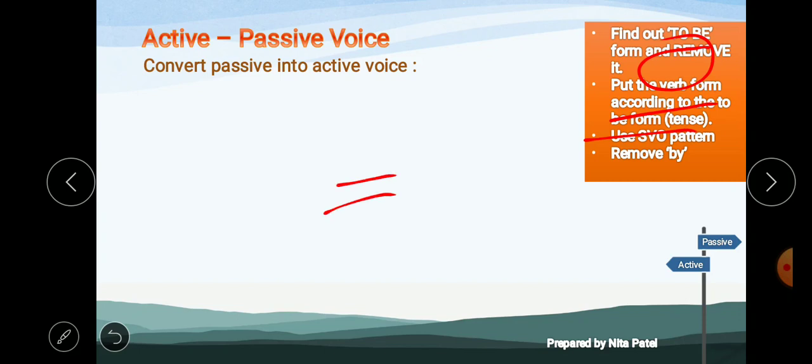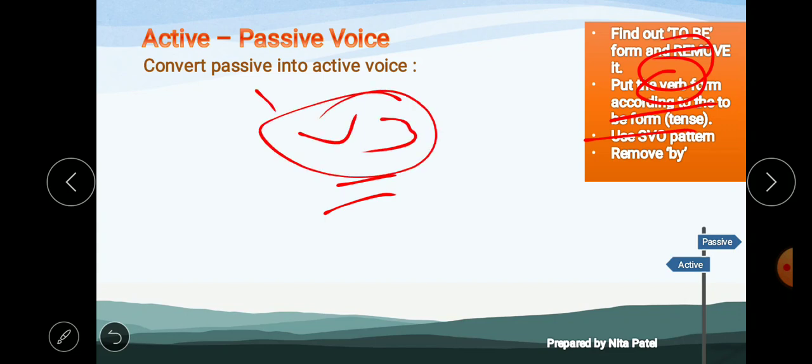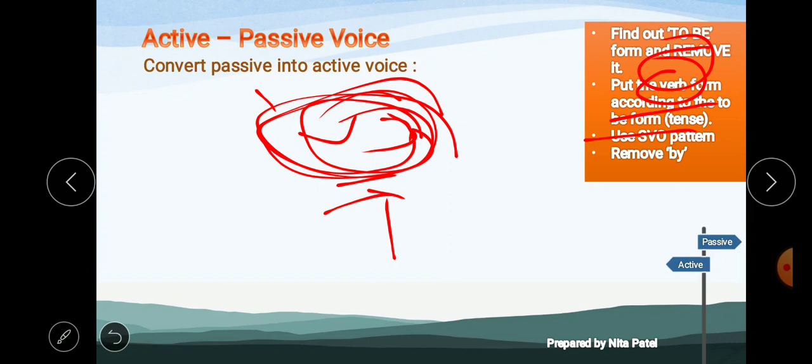Our main verb will be in V3 because we are dealing with the passive. We have to remove this V3 form and put the verb form according to the tense. And how can we find which tense is used? Basically we have used the to be form.